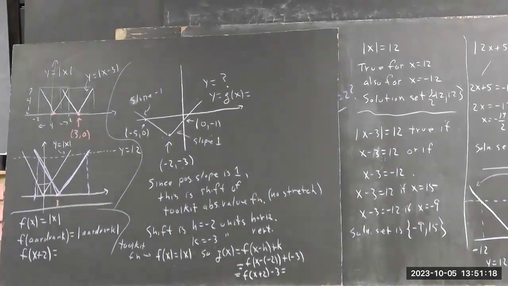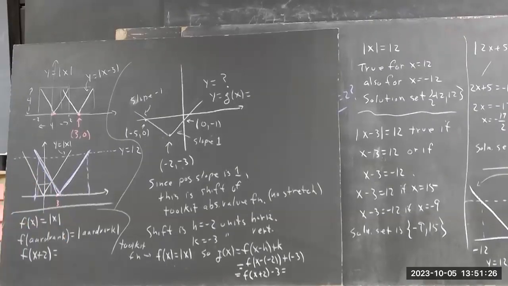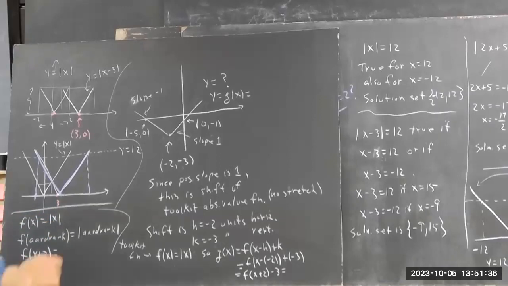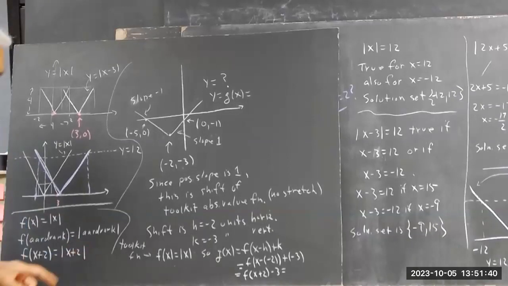So we've got f of x equals the absolute value of x. If you replace x by x plus 2, you have to replace this x by x plus 2. Well, this x has absolute value signs around it, so you'd better have absolute value signs around what replaces x.